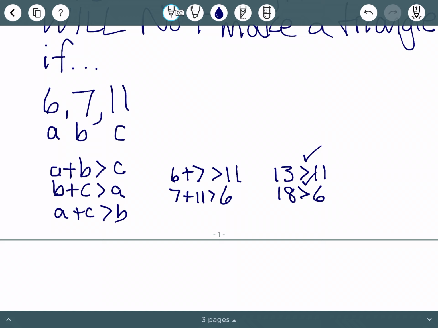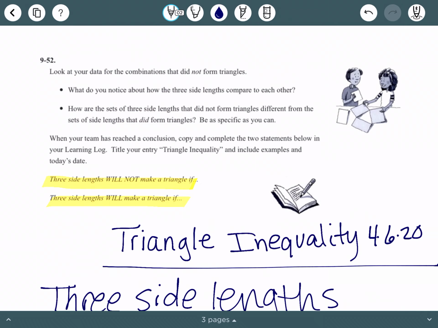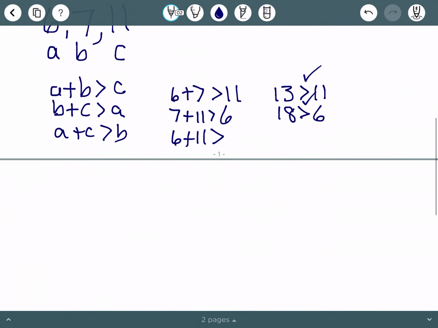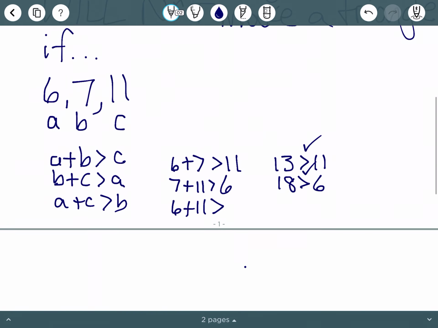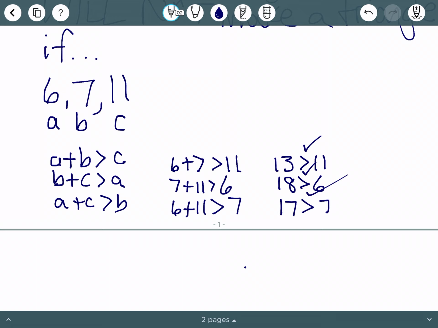And A plus C finally should be greater than B. So that's saying 6 plus 11 needs to be greater than B, which is 7. 6 plus 11 is 17. Ooh, and that's greater than 7. Yes, check it out. All three work. Bam, bam, bam. We're good.